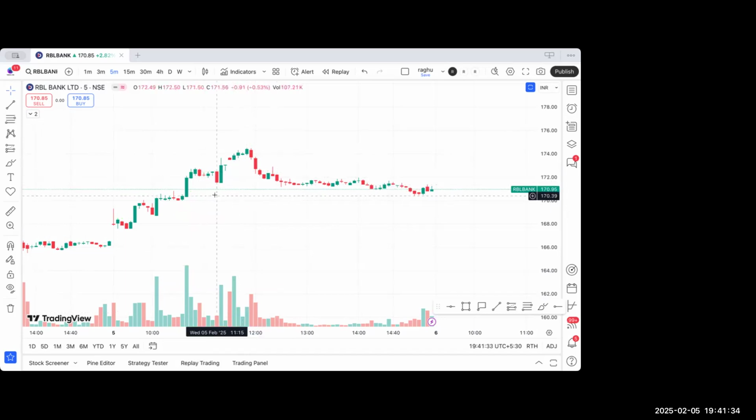You have to check the stock options. Have you seen the option chain for RBL Bank? Yes, I've seen 160. It was 165 something. No, what is 165? I'm talking about the option chain. Do you know what an option chain is?